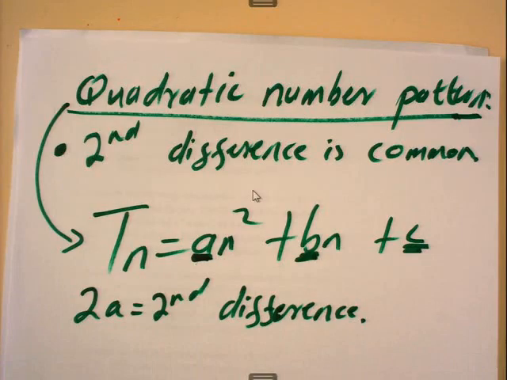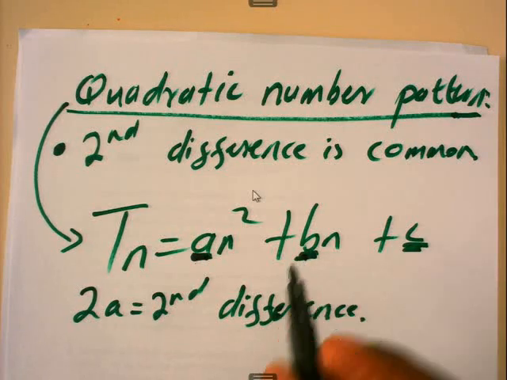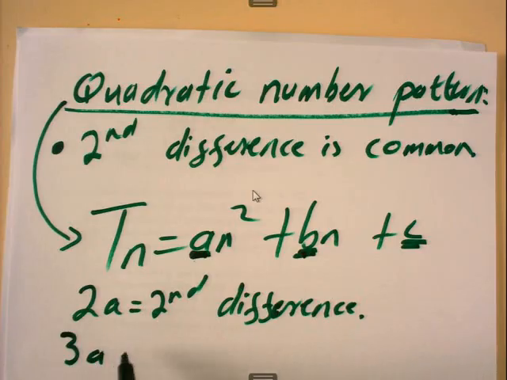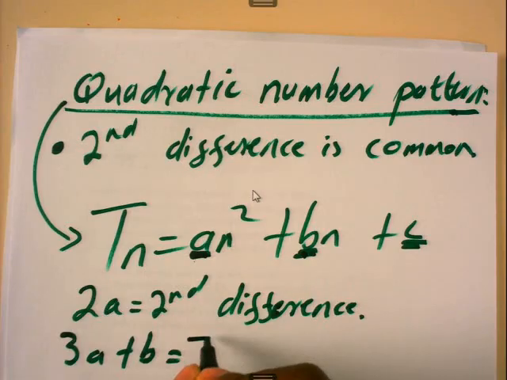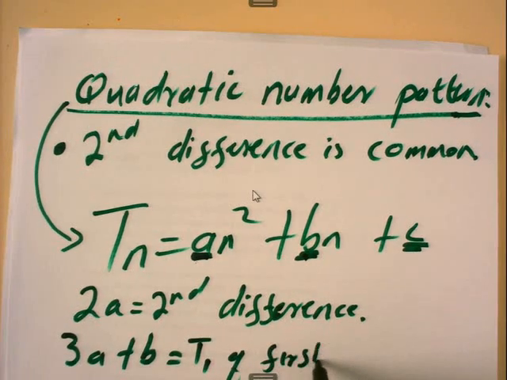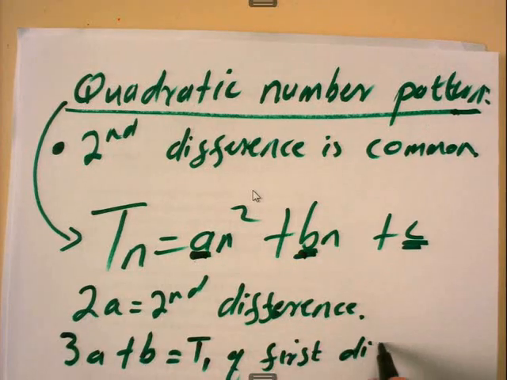Let's check the value of b. Remember, to determine the value of b, we normally say 3a + b is equal to the first term of the first difference, T1 of the first difference.